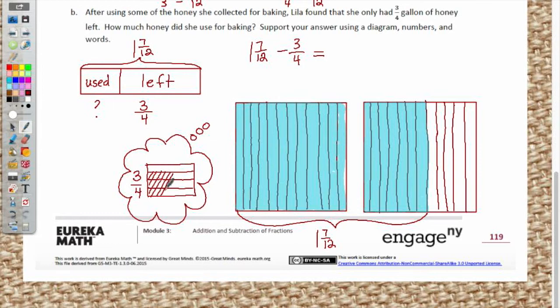Now remember, this is just a visual. It's what we're thinking in our minds, because we're going to use that when we subtract, okay? All right, so dividing these in fourths. And I'm going to bracket how many of them? 3. 3 rows.